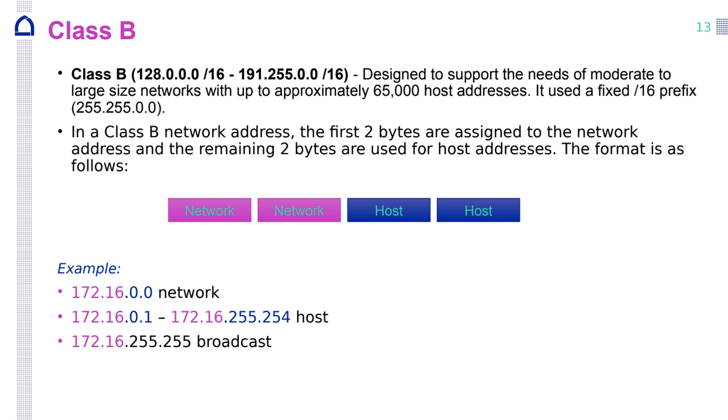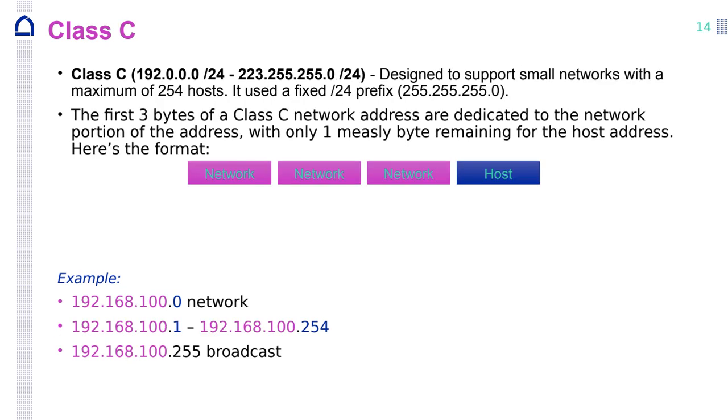For this network, this is the network address and the hosts are from 0.1 to 255.254. If I have 255.255, this is a broadcast, so it's not used for hosts, it is used for a broadcast. Network, host. Class C is the easiest one: network, then host. So this is the example.